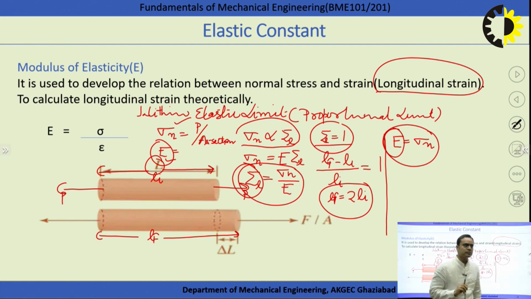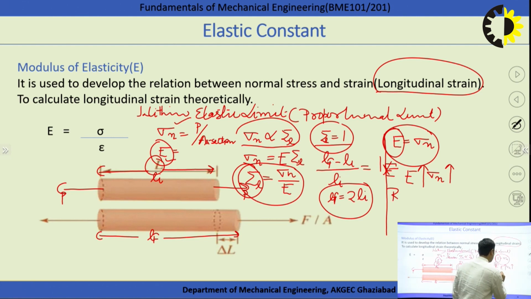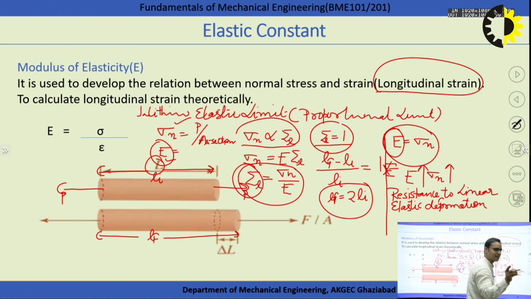Now I am considering, as the value of E increases, what is the meaning of that? The value of normal stress will increase. The value of normal stress increasing means the resistance to linear elastic deformation increases.